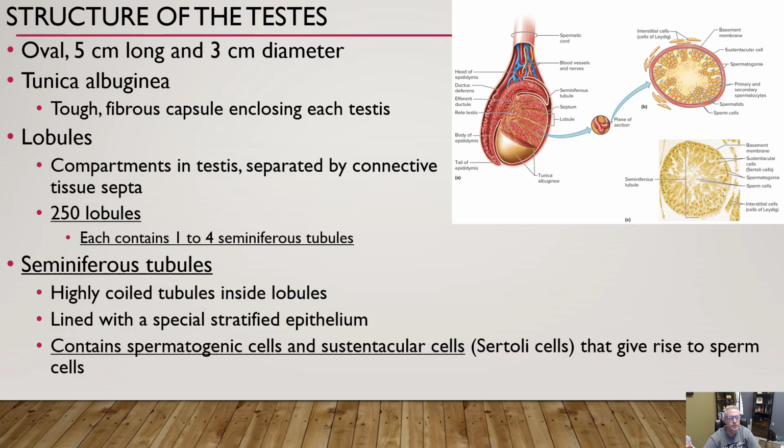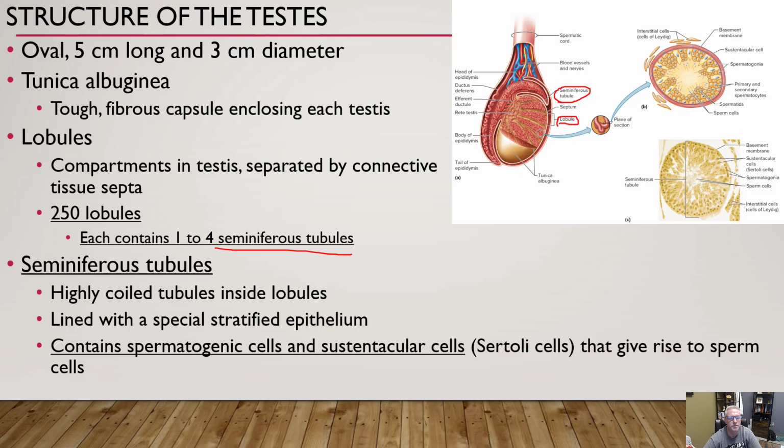Within each of the 250 lobes, we have seminiferous tubules. You can see up here the different lobes, and here the seminiferous tubules.